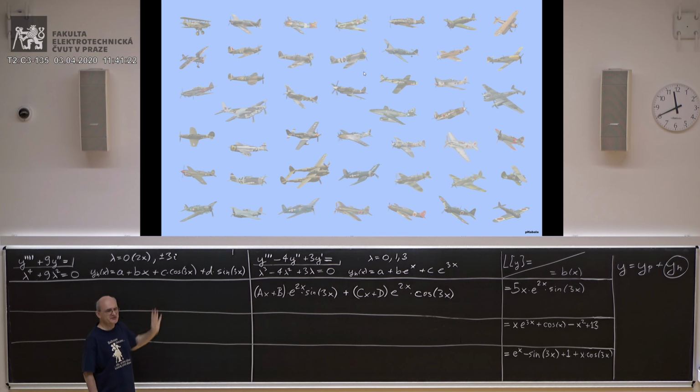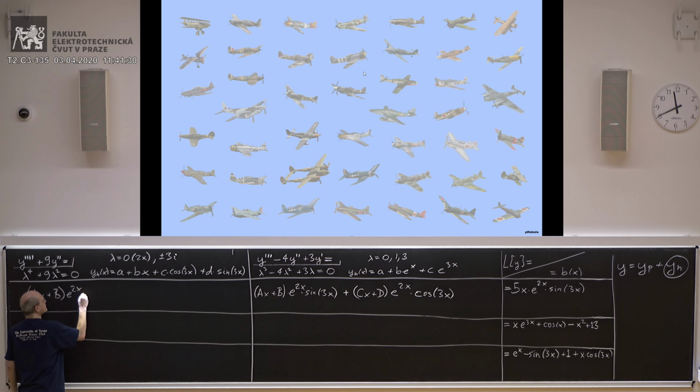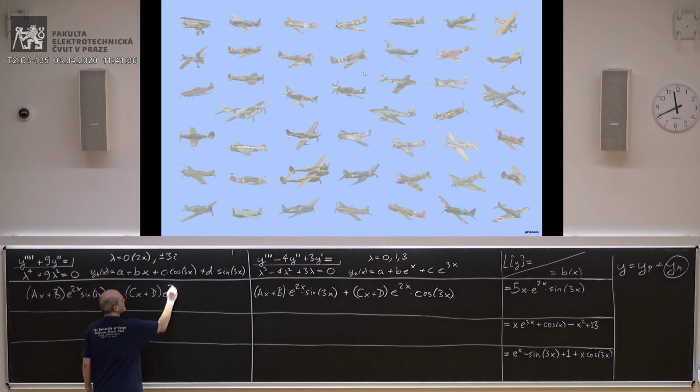The left-hand side doesn't really make any influence right now. So I will just copy it carefully. e to 2x sine of 3x plus (cx plus d) e to 2x cosine 3x.